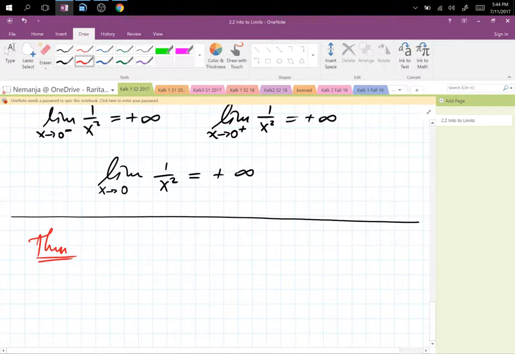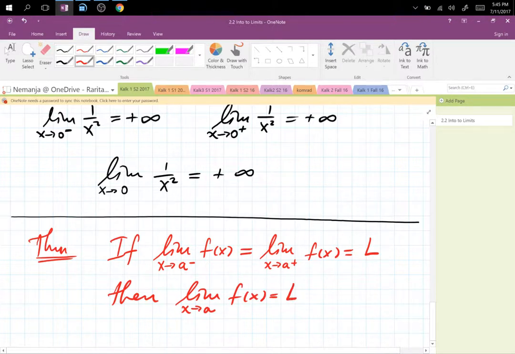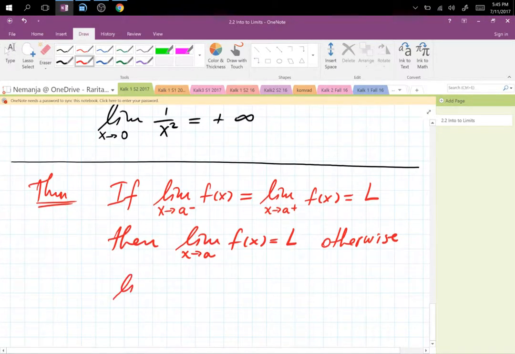We'll just say, if the limit as x approaches a minus of f of x is the same as the limit as x approaches a plus of f of x, equal to some value L, which is the limit, then the limit as x approaches a of f of x is L. Otherwise, the limit does not exist. There you go. That's a theorem.